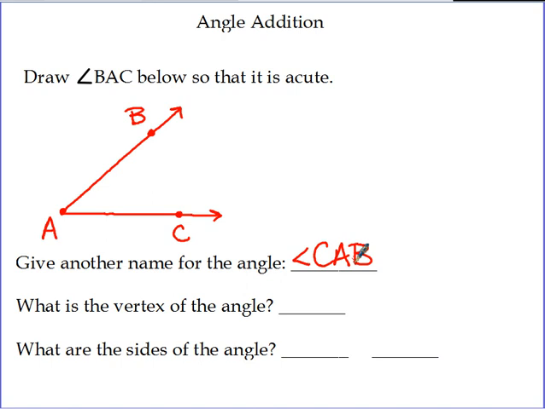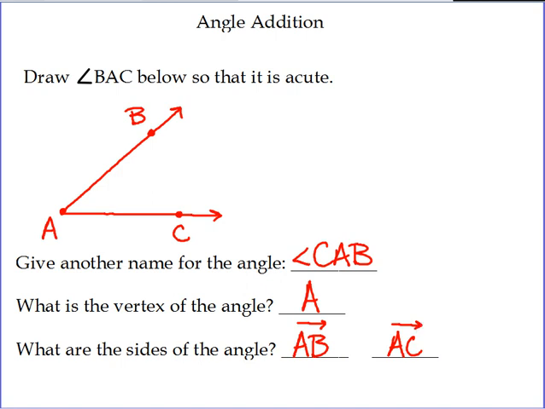And I've already said the vertex is A. And then your two sides are the rays that make up that angle. So we would have ray AB and ray AC. And again, that's just a little review from the angle introduction notes.